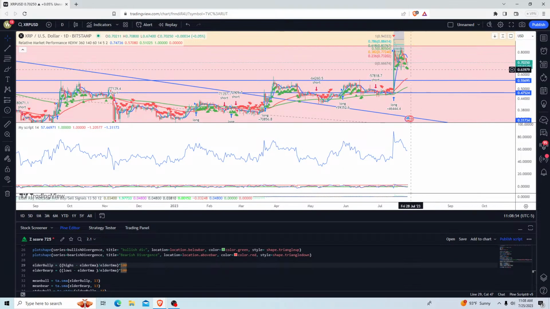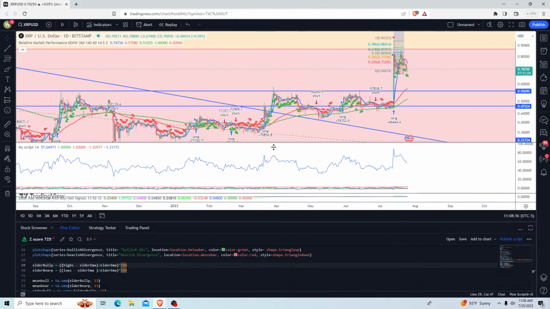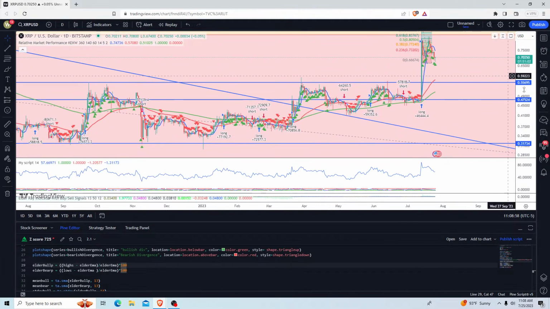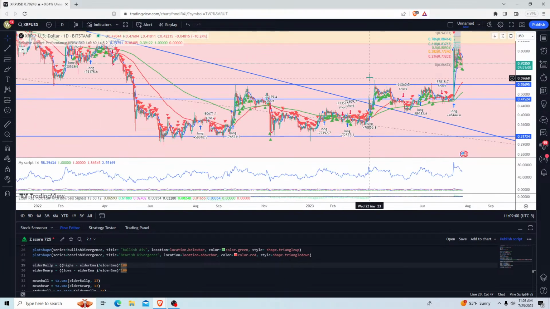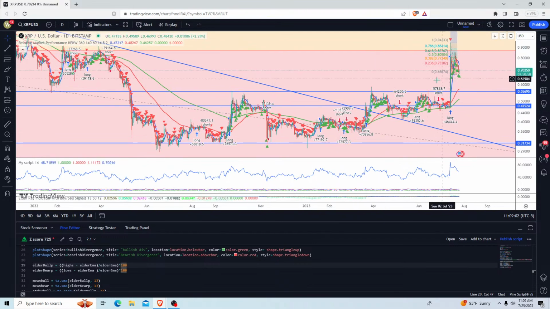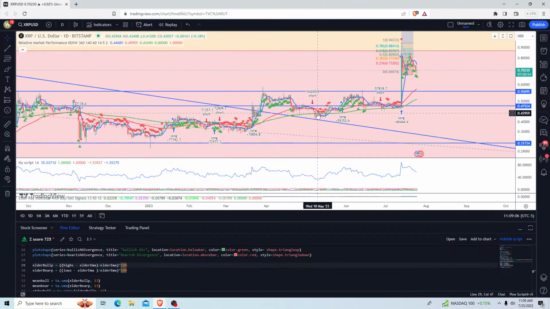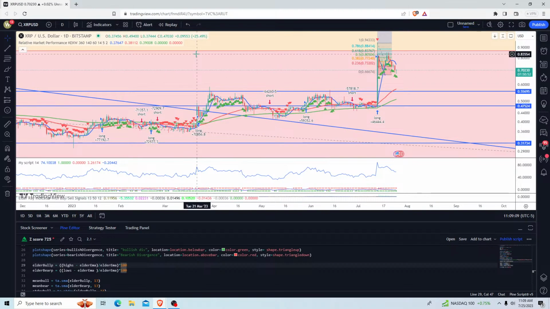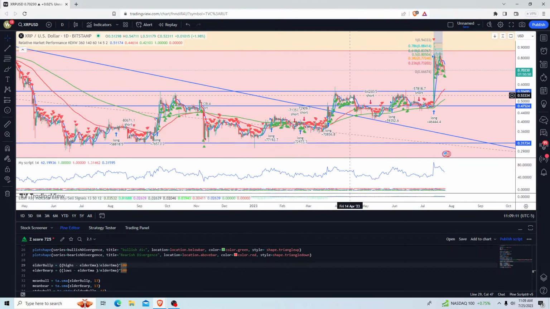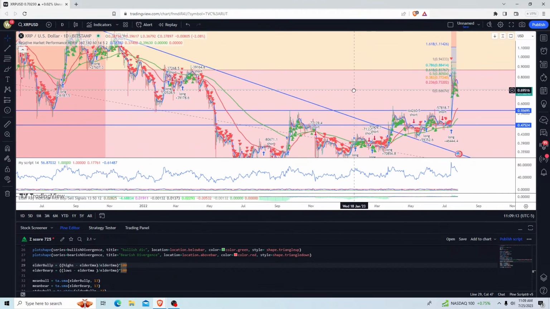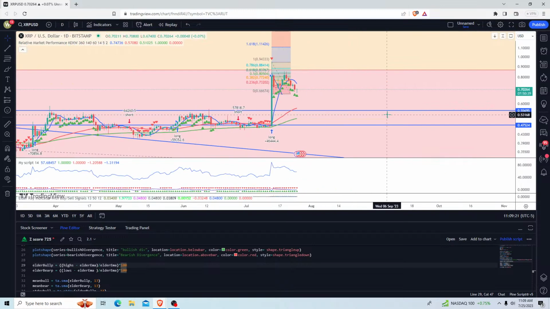Without being biased, if we're not doing the whole 'XRP needs to break out because that's what it's done in the past,' then we just have to look at TA. There was a big significant resistance level right here at 55 cents, and we just blasted right through it.